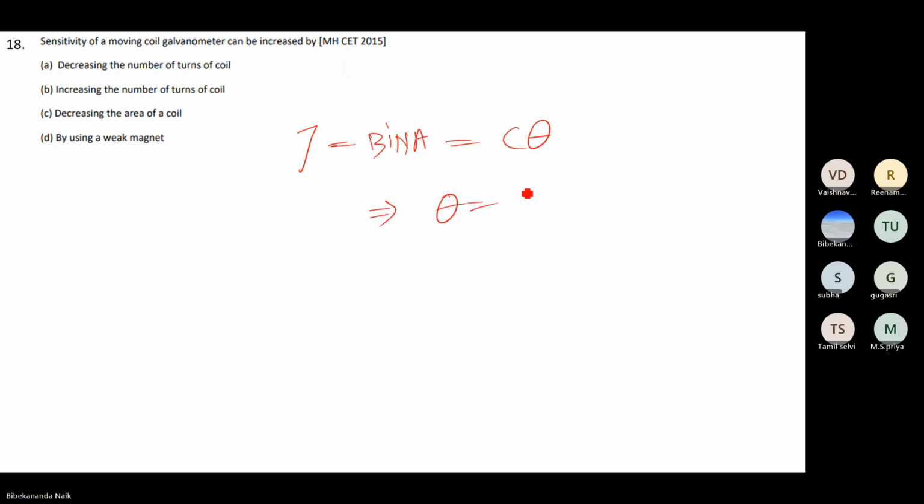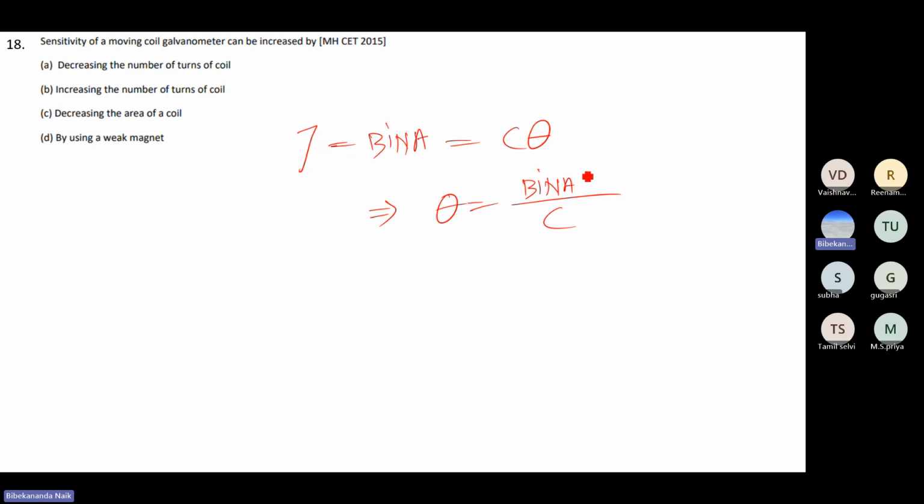theta is BINA divided by C, where N is the number of turns, I is the current passing through that coil, B is the magnetic field, and A is the area of the coil. So this sensitivity means the value of theta will be more for a small amount of current.